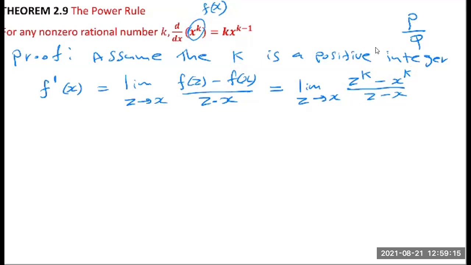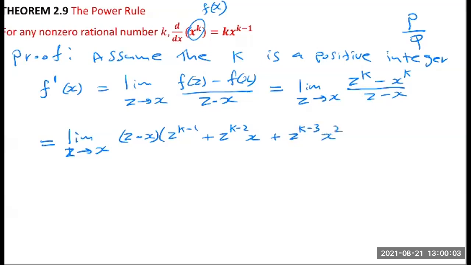So this whole thing is equal to the limit as z approaches x of z to the power k minus x to the power k, which is equal to this product: z minus x times z to the power k minus 1 plus z to the power k minus 2 times x to the power 1 plus z to the power k minus 3 times x to the power 2 plus blah, blah, blah.